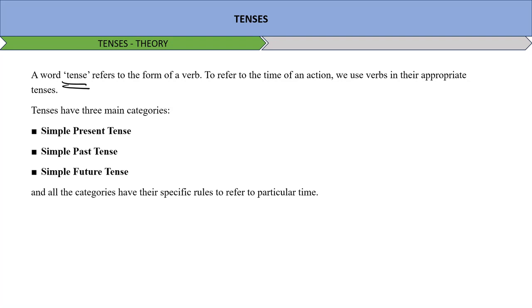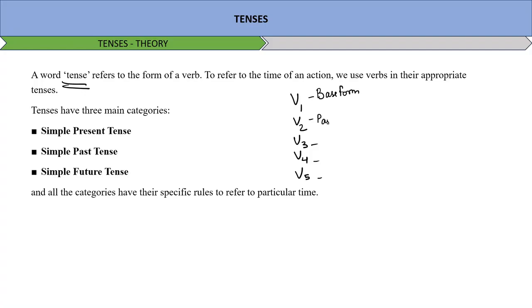Now, let me quickly give you a brief synopsis. I'm sure we must have discussed this in the verb chapter, but still I would like to recall. V1, V2, V3, V4, V5. Now, what is V1 known as? V1 is the base form of verb.